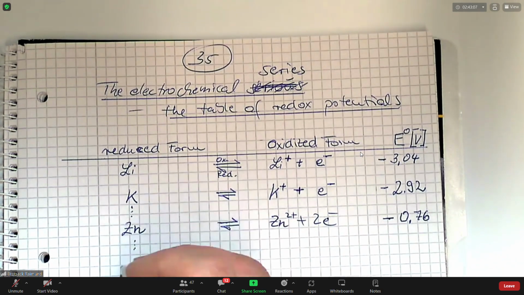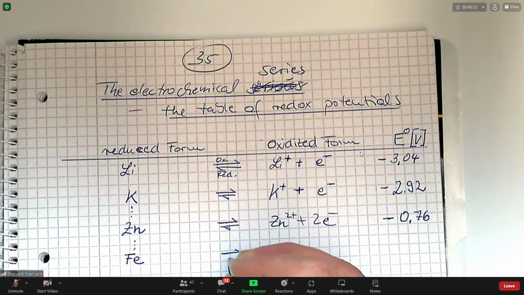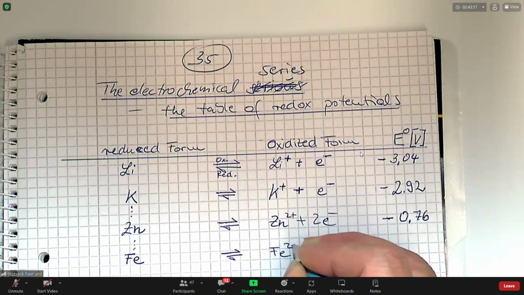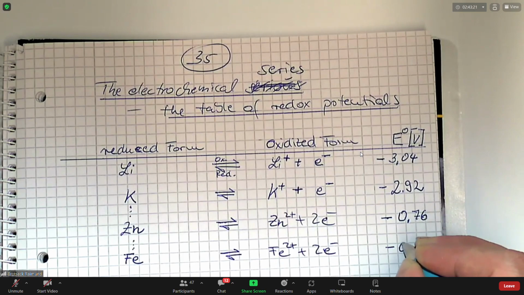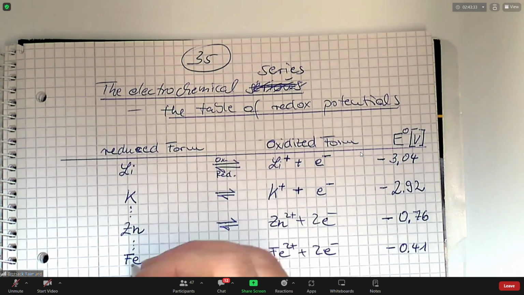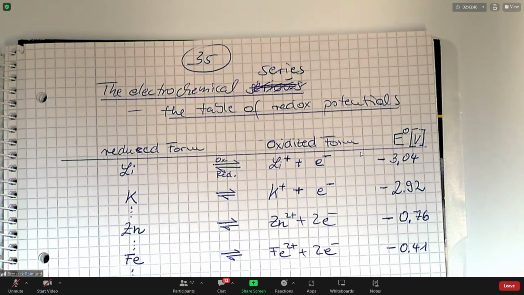A little more noble is iron. When we compare it here to form the iron 2+ plus 2 electrons, this is minus 0.41. We do not write all the systems. We can look it up in different tables online, just a few. And then at some point we come to the hydrogen system.